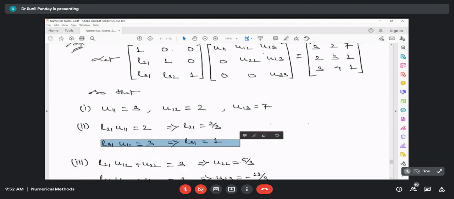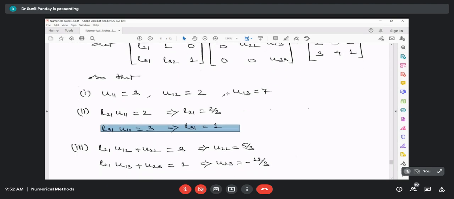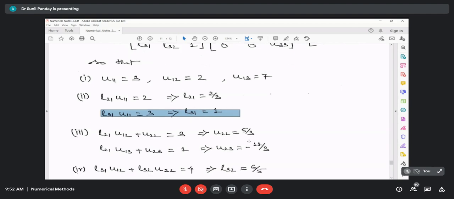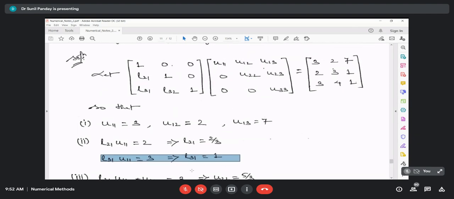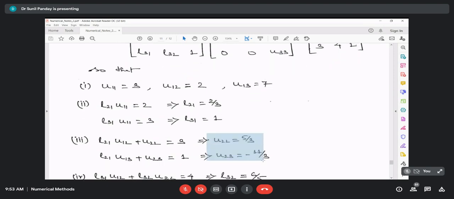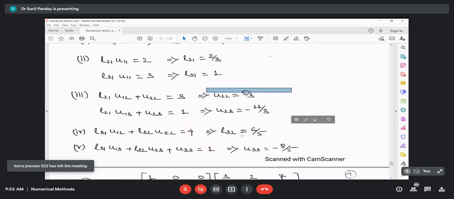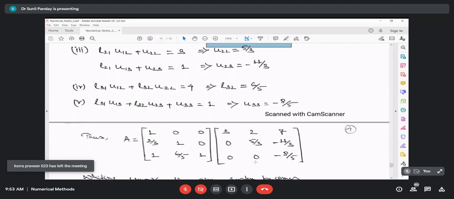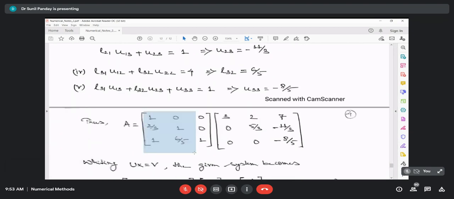Then you substitute the value, you will get L31 equals 1. Then you multiply this row to this one, you will get U22, U23 like this. So after all this calculation, you will get your L and U.